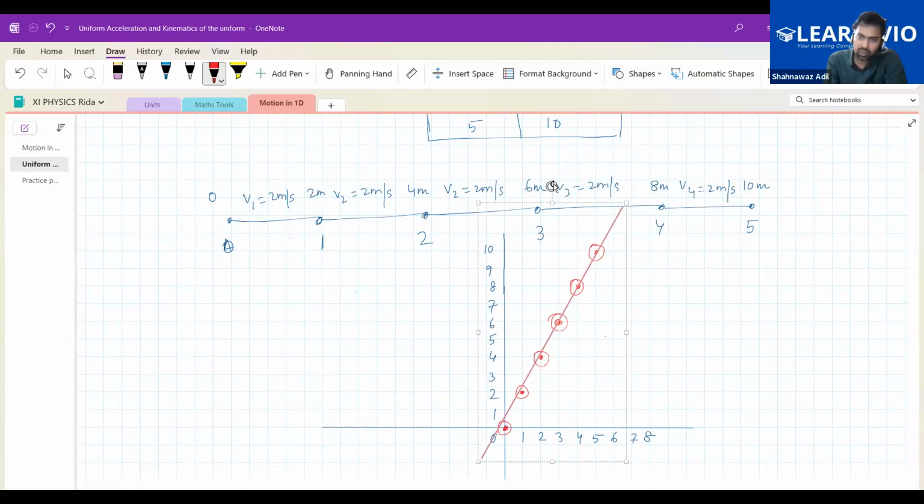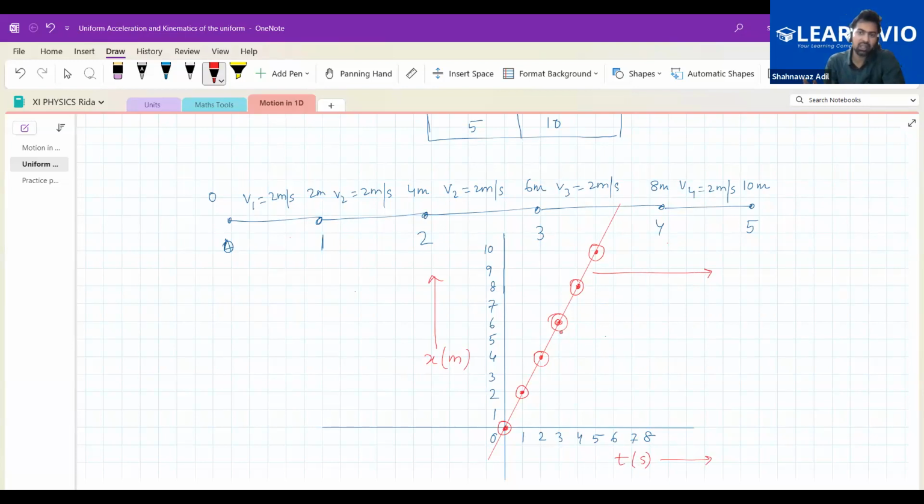Nearly there, right? Perfect. So this is a perfect straight line. And this is t in seconds, this is x in meters. And this is a straight line.